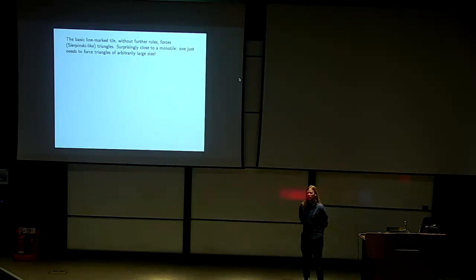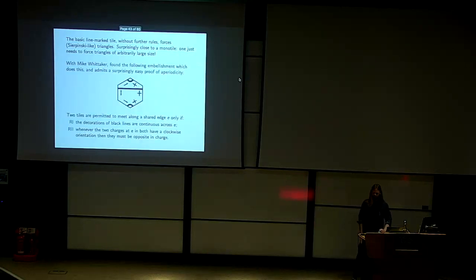So, how can we force arbitrarily large triangles? Well, the Penrose 1 plus epsilon squared is one such way of decorating these to force arbitrarily large triangles, and the Socolar is another very nice way. With Mike, we wanted to think of other ways of doing it, using simple edge-to-edge rules, and we came up with this.